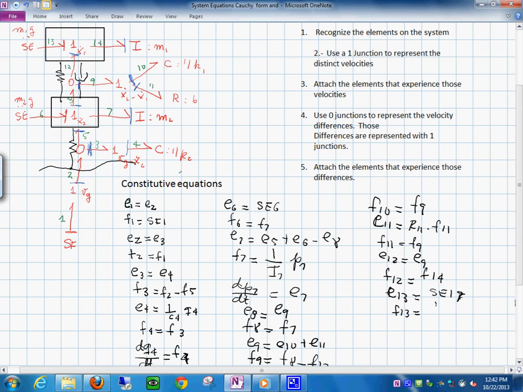So we have dq sub 4, right? We have that one. So we have finished the equations. There's only dq10 dt is what I think we're missing in here. Right here, I would put it in here. dq10 dt is equal to f sub 10. That's the fourth equation that we have.